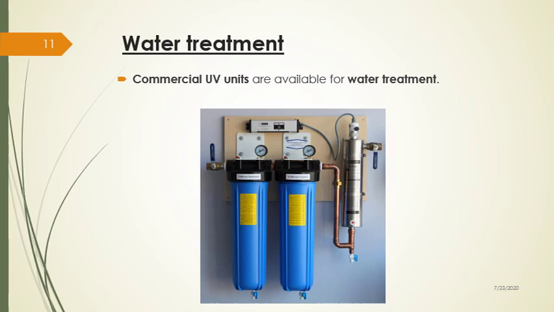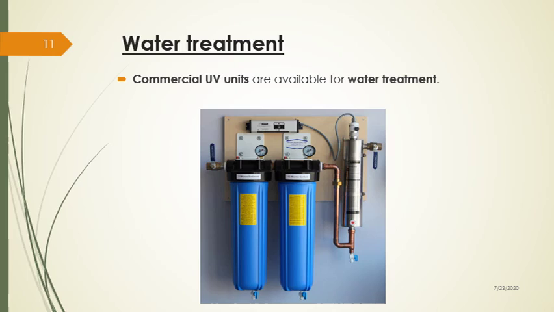here are the commercial ultraviolet units which are available for water treatment. When water flows through racks of UV lamps and is exposed to 254 nanometer UV radiation, the system has a capacity of several million gallons per day and can be used as an alternative to chlorination.